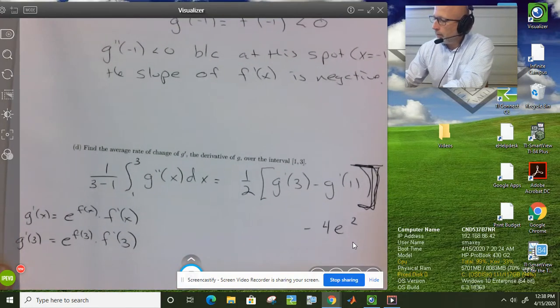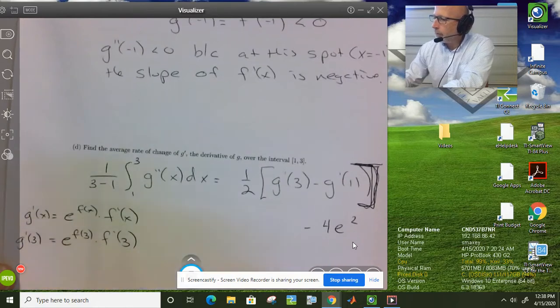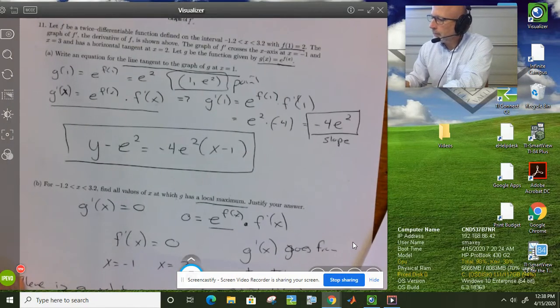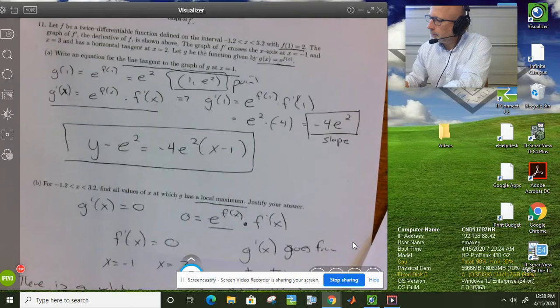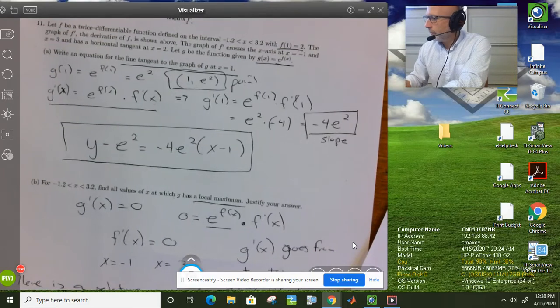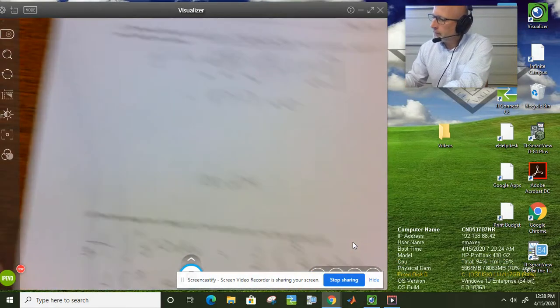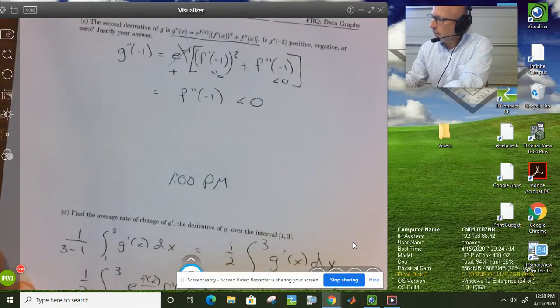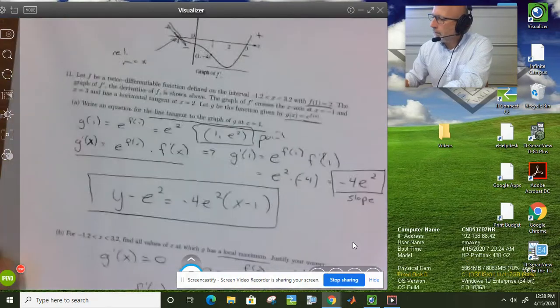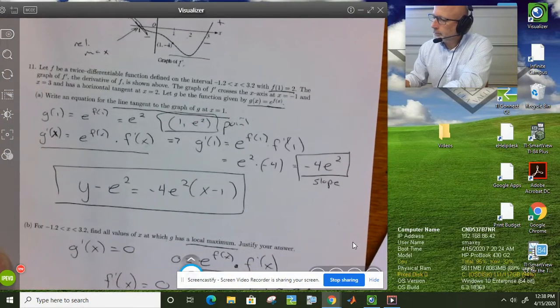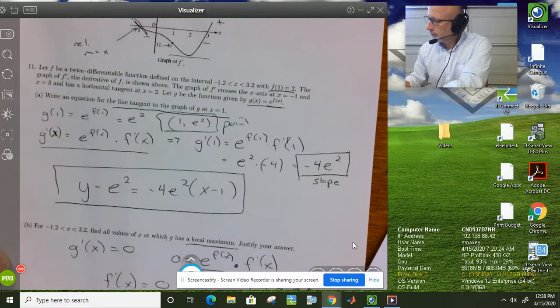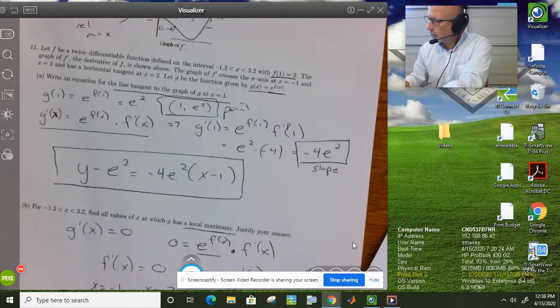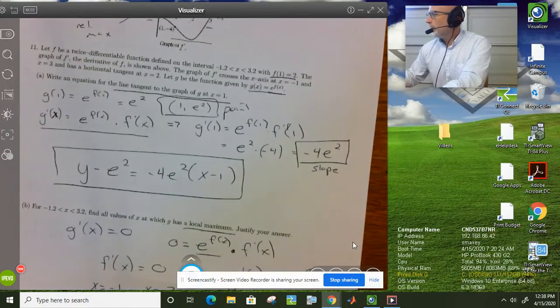Okay, so what are those equal to? So f of 3, where is f of 3 given? Where are you at, 3?